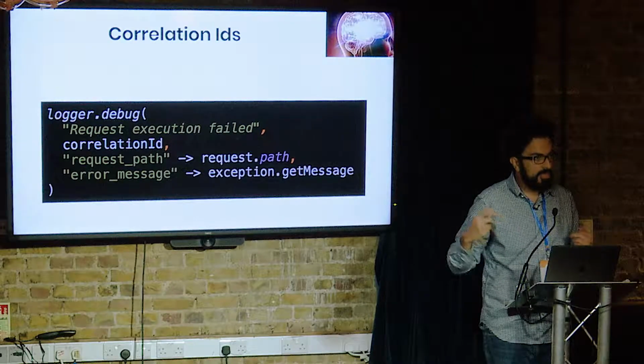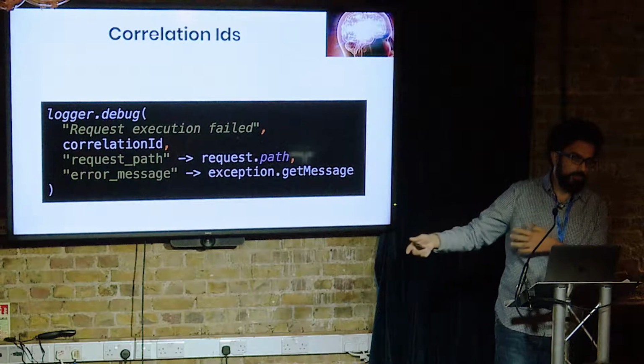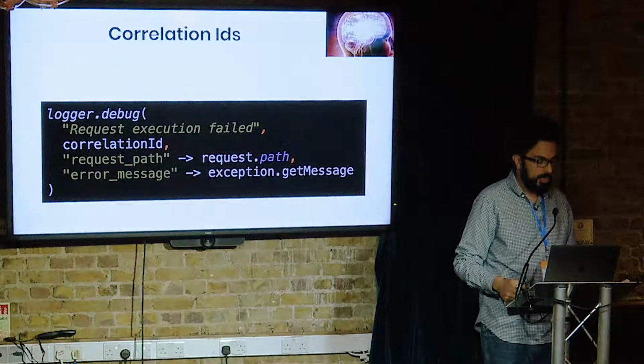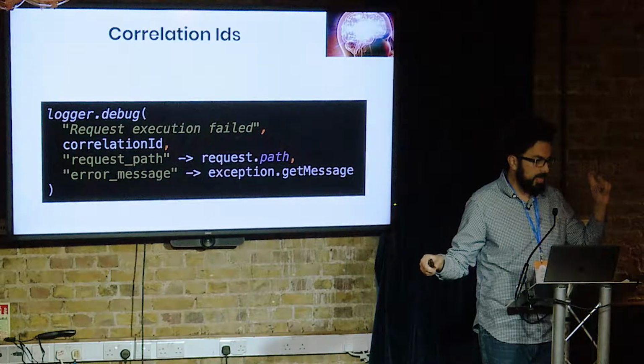So we would like the log messages from service B or whatever downstream services, I want to be able to know this log message is related to that log message.